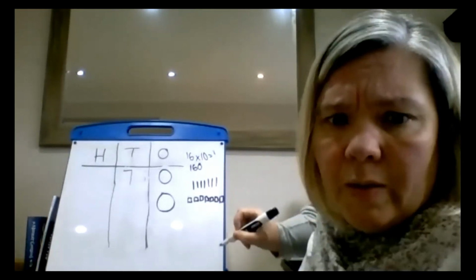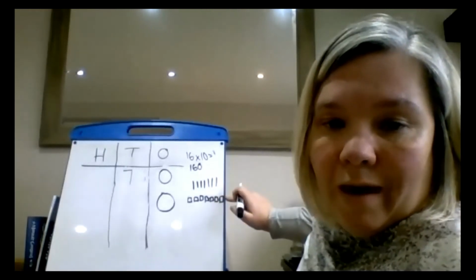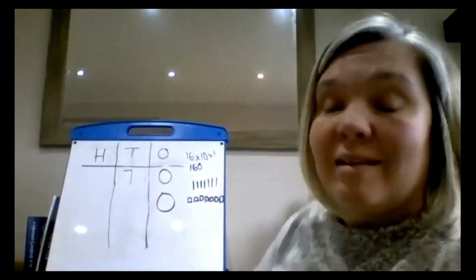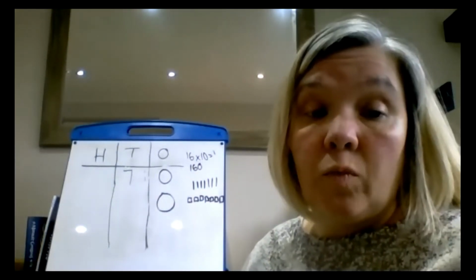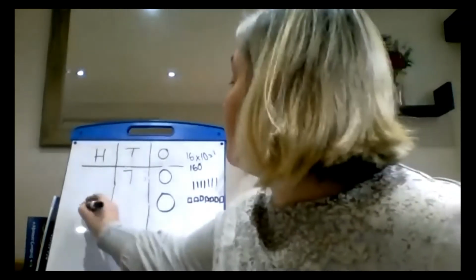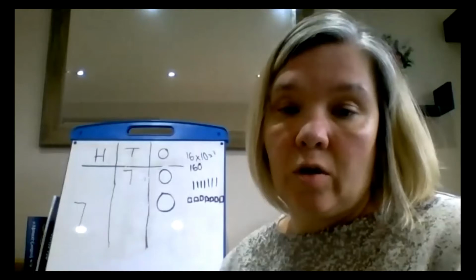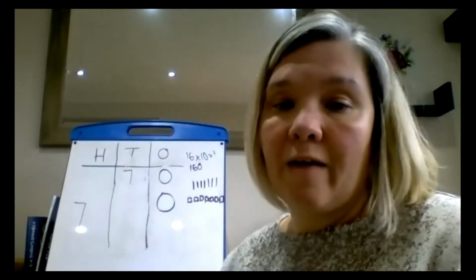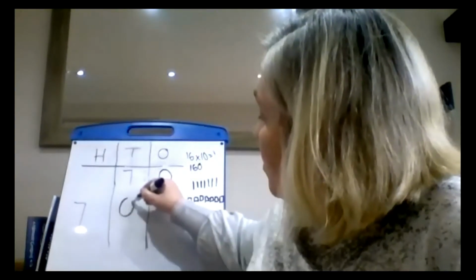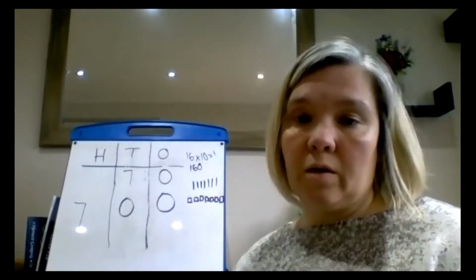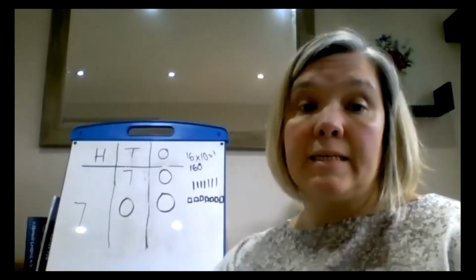But I can't put 7 100s into the tens column, can I? So which column does it need to go into? It goes into the hundreds column. Haven't finished there though, have I? What do I need to add to my tens column? I need to add a placeholder. So 70 times 10 is 700.